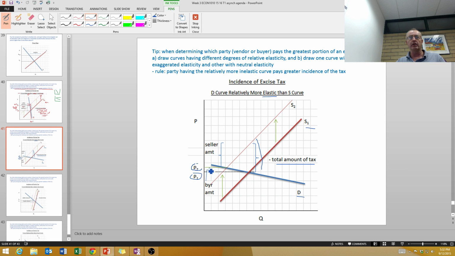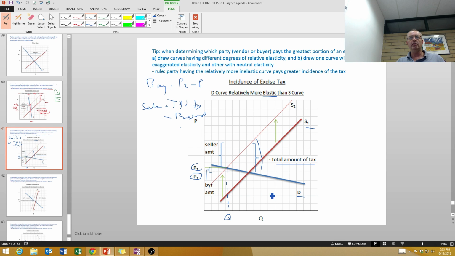Here's the new equilibrium price, because again, the equilibrium price is set by the intersection of the supply and demand curve. So the buyer amount equals the new equilibrium price minus the old equilibrium price, and the seller amount equals total tax minus buyer amount.